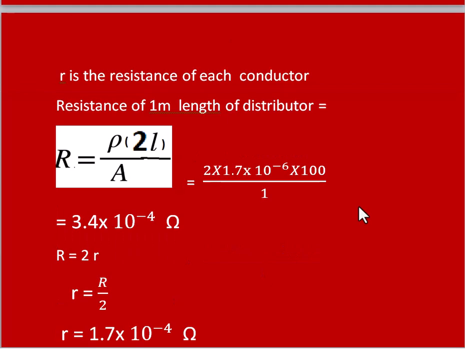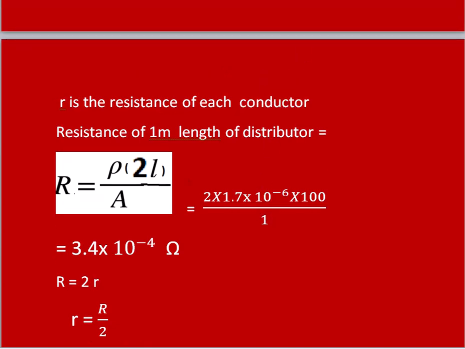So here conductor resistance is given. So here conductor resistivity is given as 1.7 into 10 power minus 6 ohm centimeters, and we know what is the total resistance of the DC distributor including both forward path and return path.